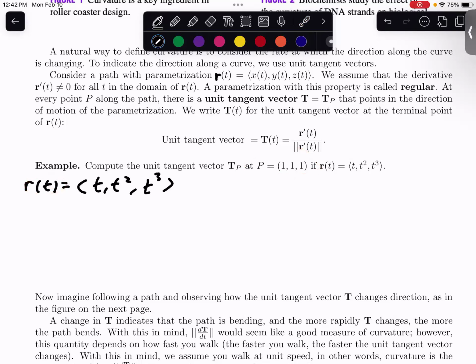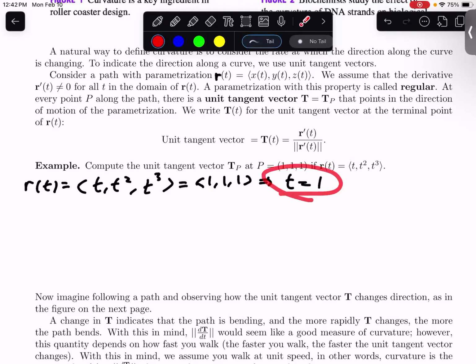So all you do is set these equal to one another: (t, t squared, t cubed) is equal to the point (1, 1, 1). And then you just need to solve for t, but it's immediately determined by the first component. We have to have t equal to 1, and that's all there is to it. So this implies that t is equal to 1. When t is equal to 1, we get the point P equal to (1, 1, 1) on our curve.